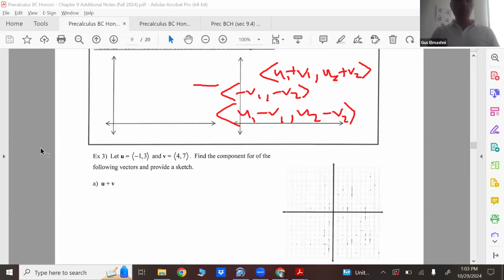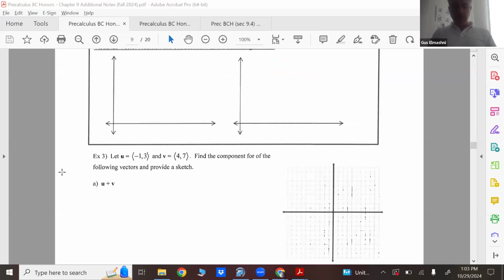So before I visualize vector addition and subtraction with the parallelogram law, let's do example 3 just so you can see what's happening. So you use this. Now, here's the thing.